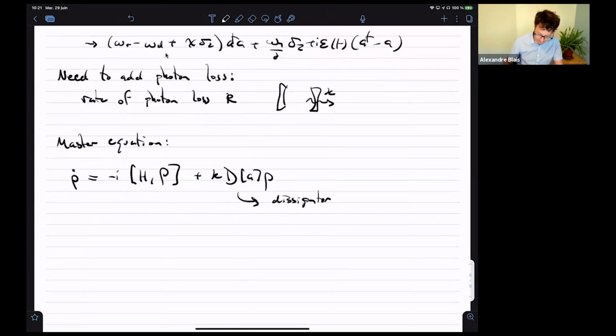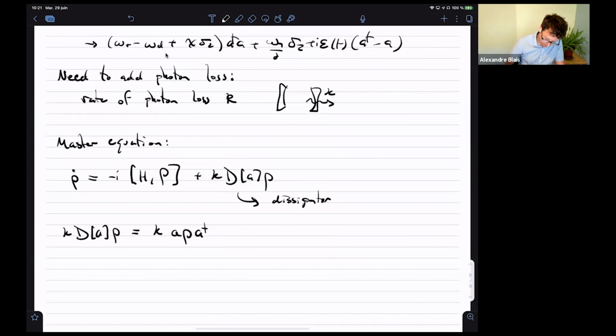The form of this dissipator is quite simple and, I hope, intuitive. It looks like this. It's not intuitive when I just write this, but I hope I can make it intuitive.